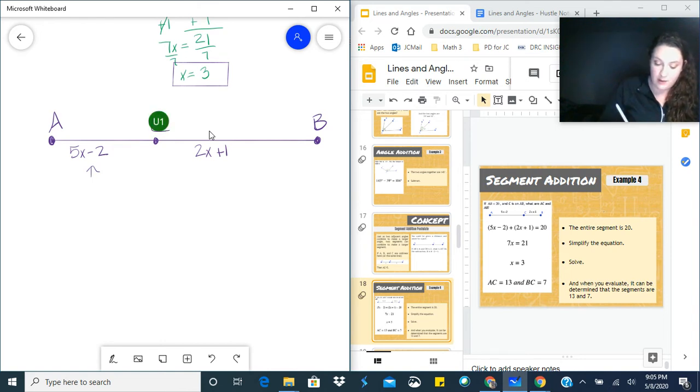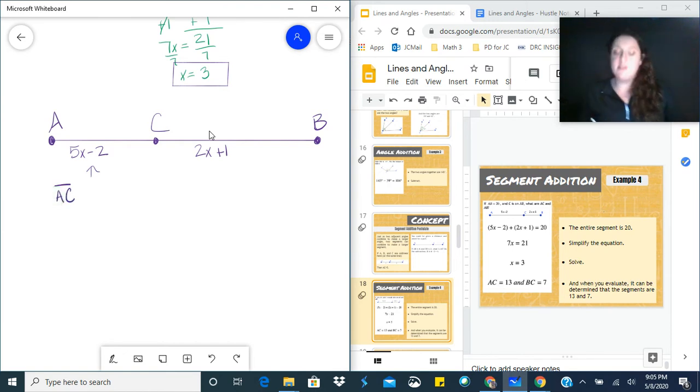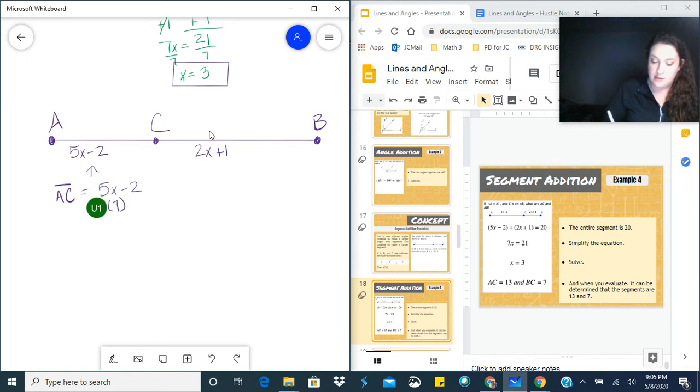So line AC, the line goes on top because we were talking about a line segment, only from point A to point C, equals 5x minus 2. 5 times 7 minus 2. 5 times 7 is 35. 35 minus 2 is 30. What?